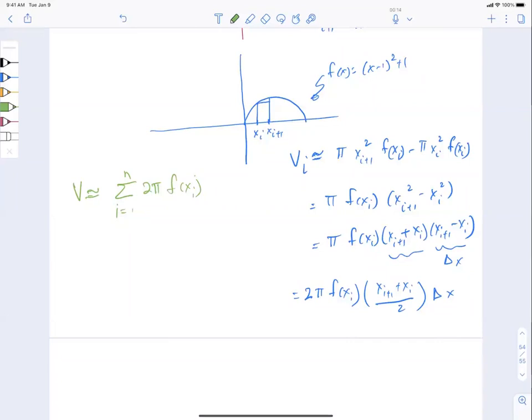You could just write it in terms of xi star, because you're picking some xi star in between them, and then this average would also be xi star, times delta x. This represents the height, this represents the radius, and this represents the thickness. So the volume is exactly equal to the limit as n goes to infinity of that summation.